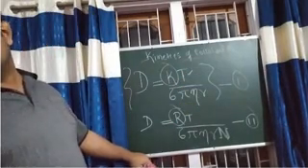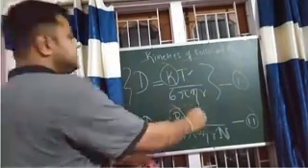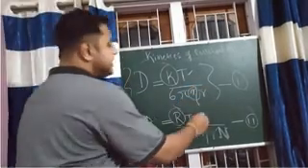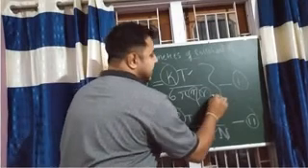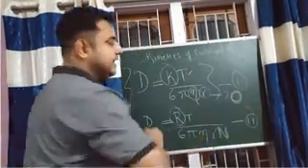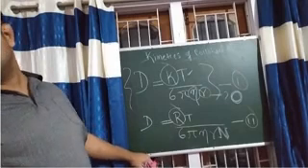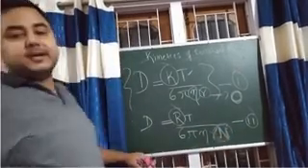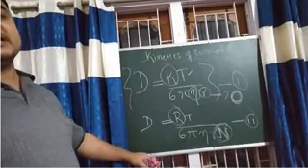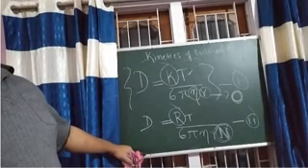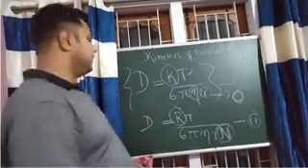Eta is the viscosity of the solvent. r is the radius of the colloidal particle, the spherical colloidal particle. And N is the Avogadro number.